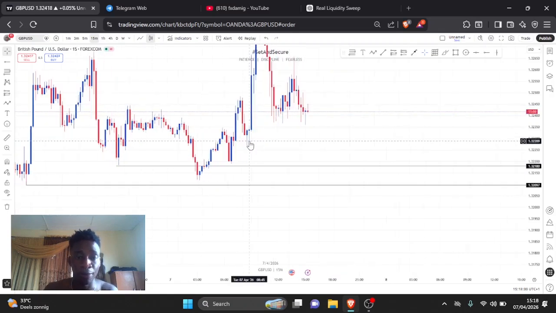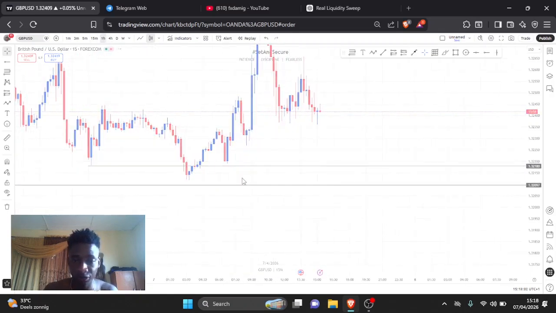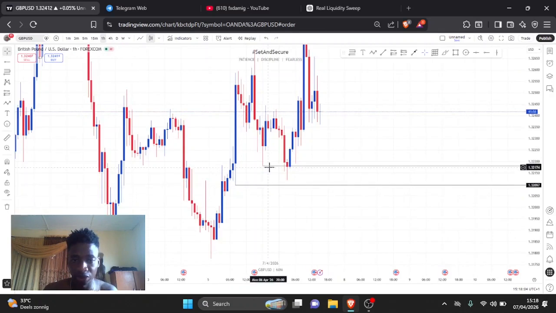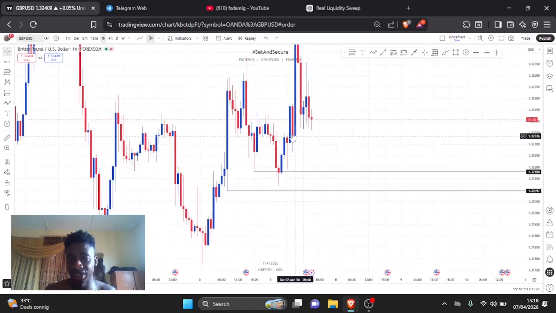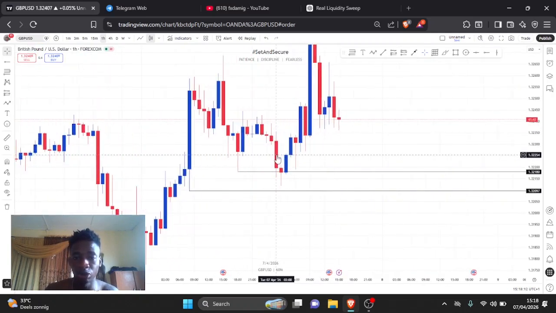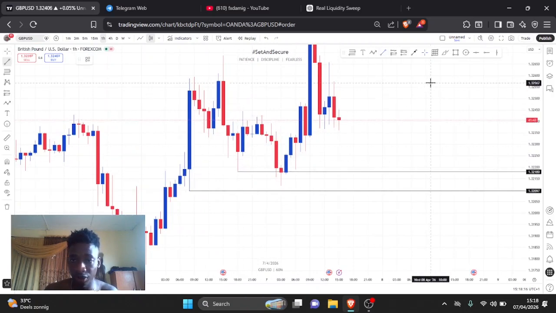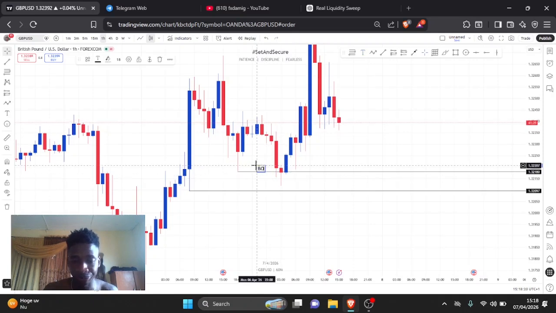Like I said, we have these two liquidity areas that I'll be interested in, which is this and this. You get me? I'll also be interested in this selling part, but only if we got a break of structure here. But I don't think we had a valid break of structure here.